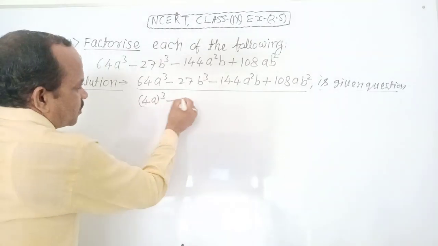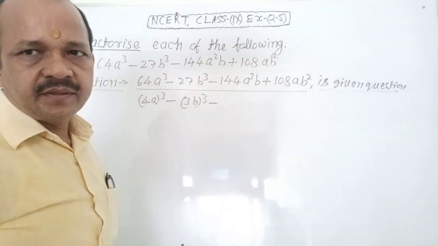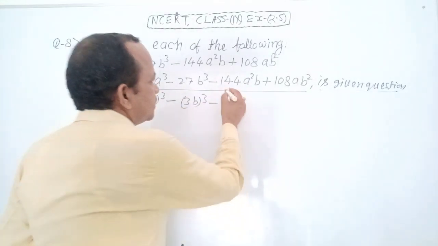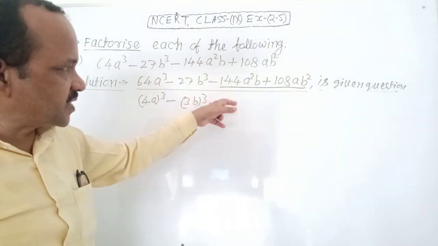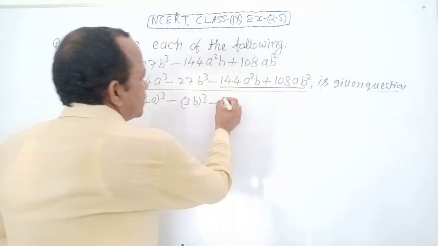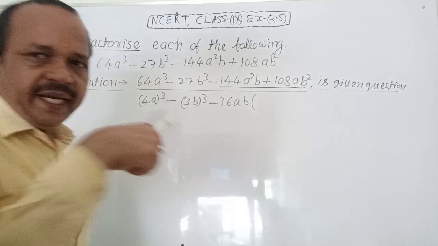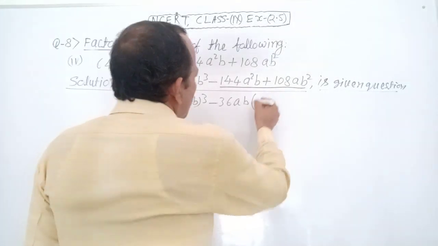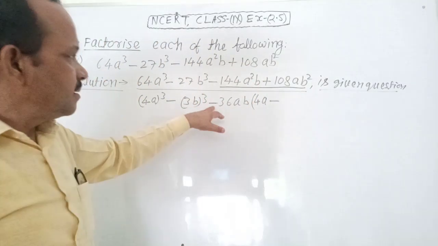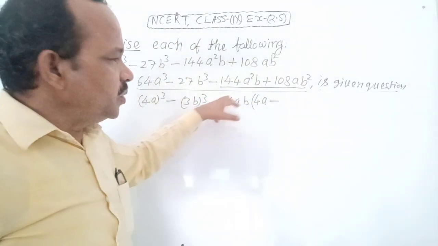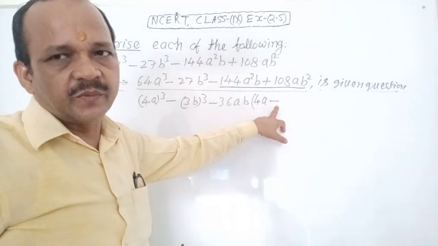(4a) whole cube minus (3b) whole cube minus, here you can take the LCM, 36ab in brackets (4a minus, here minus sign, so you can write here minus sign in brackets, 3b) brackets close. Clear?